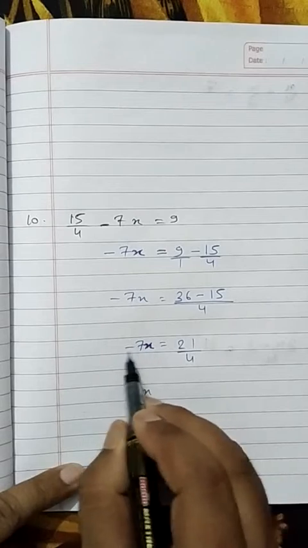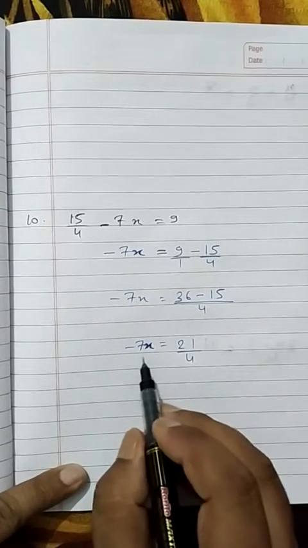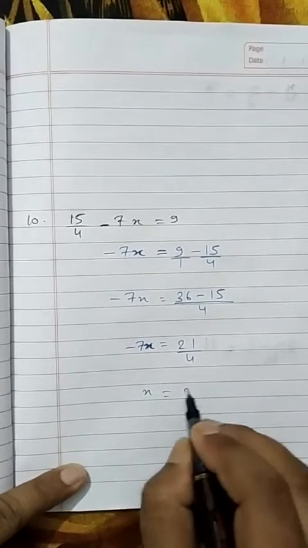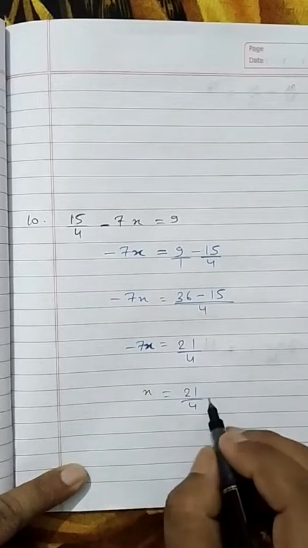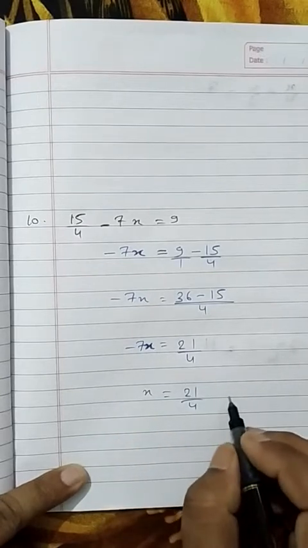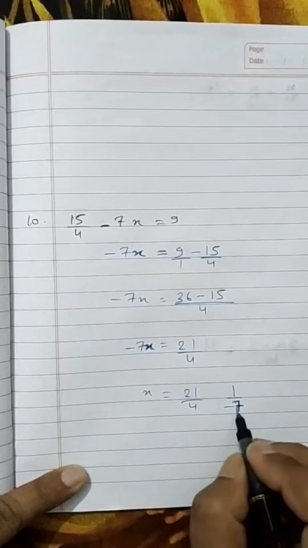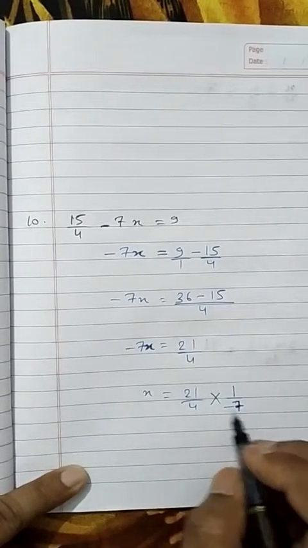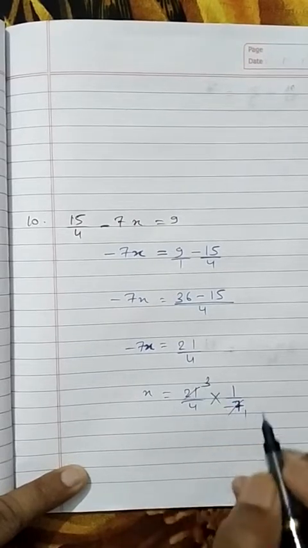There is a multiplication relation between minus 7 and x. So the inverse of multiplication is division. Division means we have to take the reciprocal of this minus 7. So the reciprocal of minus 7 is 1 upon minus 7. And there will be a multiplication relation between these two numbers. 7 1s are 7, 7 3s are 21.